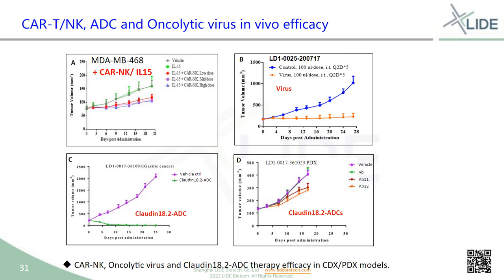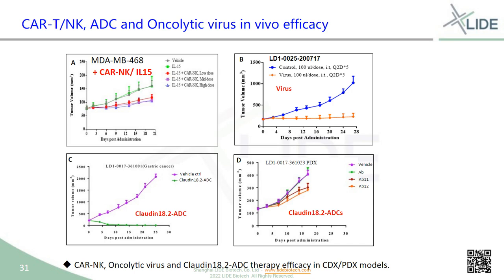And we also have some data from CAR NK cells plus interleukin-15 therapy. Although the in vivo efficacy of CAR NK was not as efficient as CAR T cells, it did well actually.